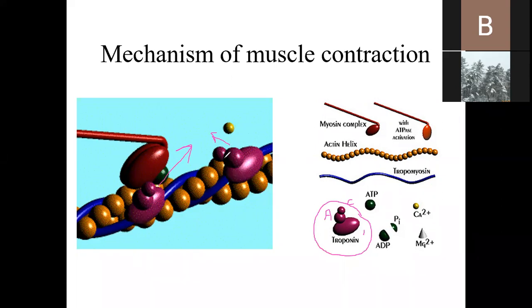When it is facing that direction, it covers the actin molecule, and the region it covers is these white portions, which represent the myosin binding sites. As long as the white portion is covered, myosin cannot bind. When calcium comes and attaches, it shifts the troponin molecule into one direction, causing the tropomyosin to be moved. And when the tropomyosin is moved, the portion is exposed, and the myosin head can now bind.